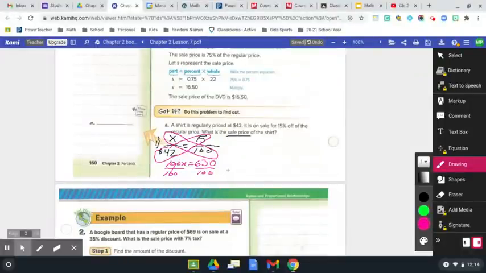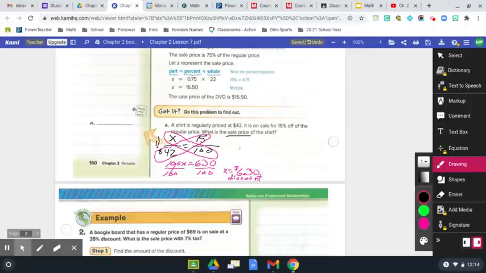And so you should see X equals 6.30, which is $6.30. So this is the discount amount. This is how much money you're saving on that shirt. This is your first step. Squeeze the word discount in here, just like that. Okay, discount.